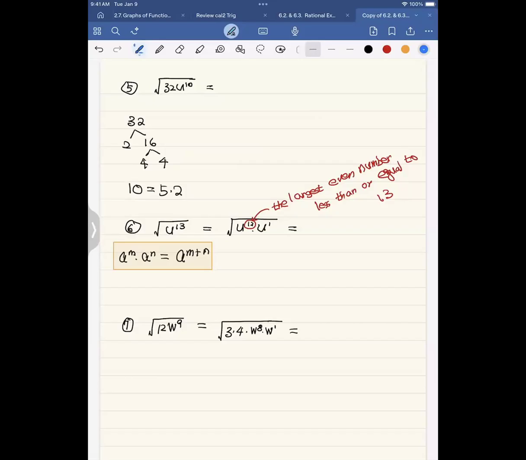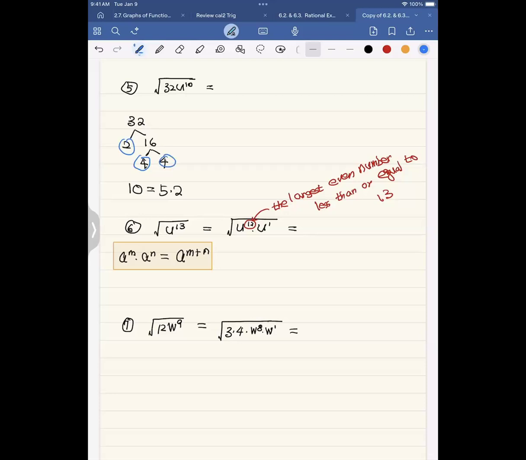Next problem is square root of 32 u to the 10th power. If we factor 32, then 2 times 16, and 16 is 4 times 4.